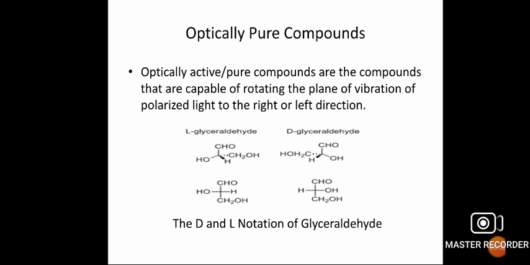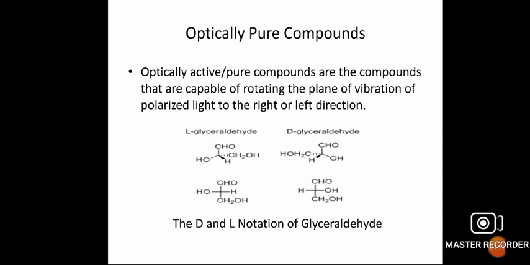Coming to optically pure compounds, they are those compounds that are capable of rotating the plane of vibration of the polarized light to the right or left direction. In the following slide, we can see the example of glyceraldehyde.